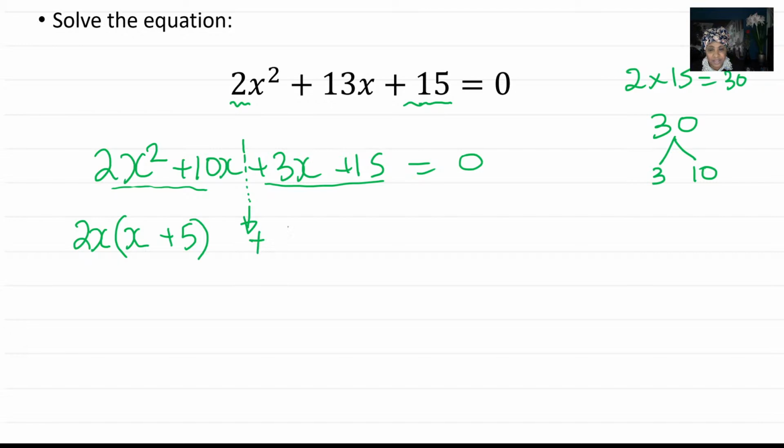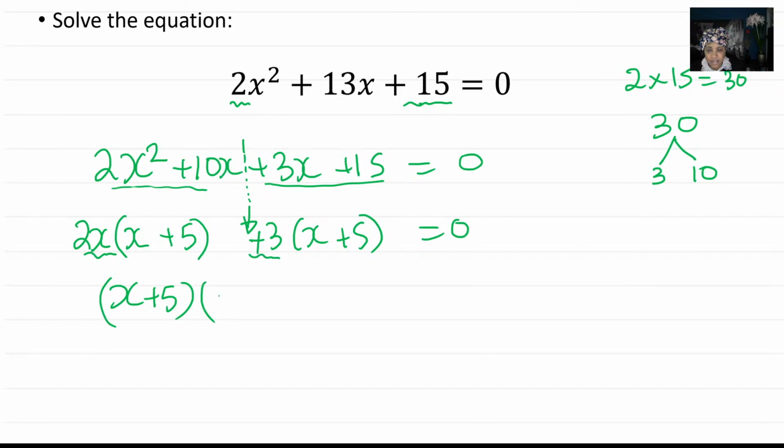So it's plus 3 and then x plus 5, and that's equal to 0. To make our two brackets, we take one of these brackets, so x plus 5. It doesn't matter which one you take first. You can take the numbers outside first. So that's 2x plus 3 is equal to 0.